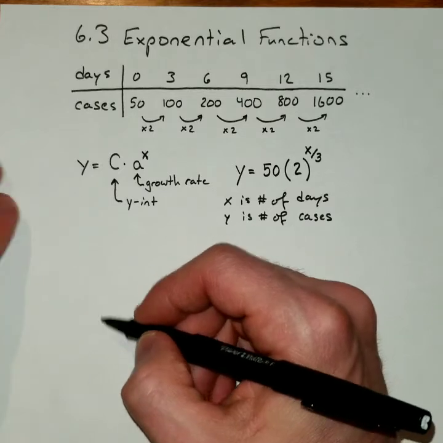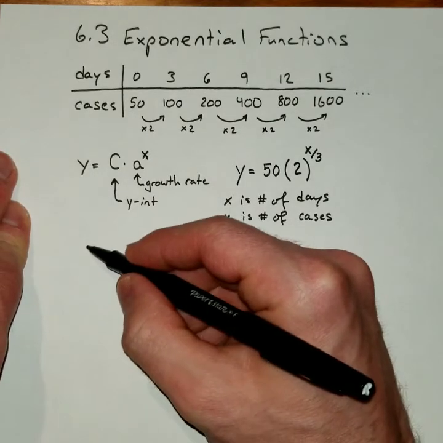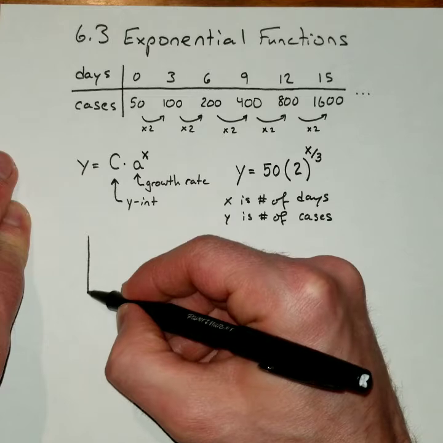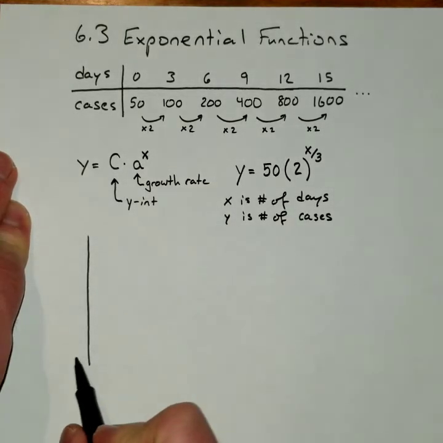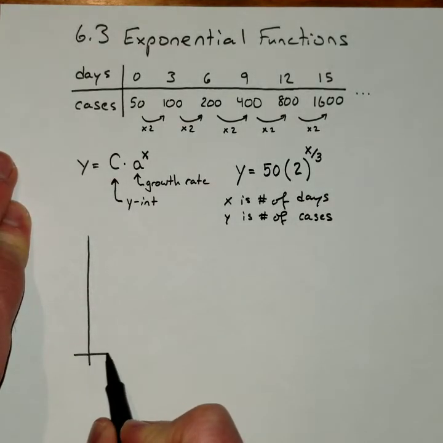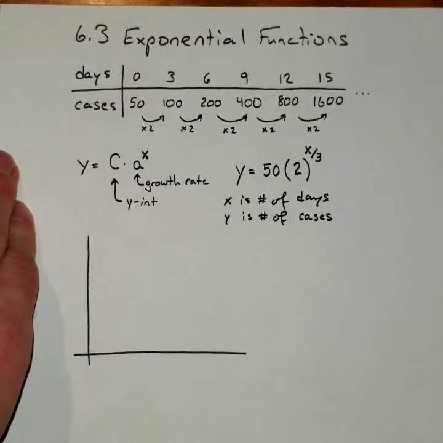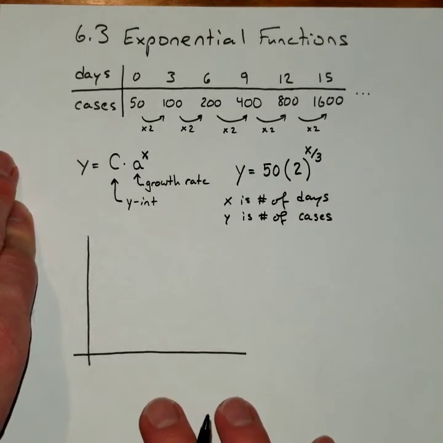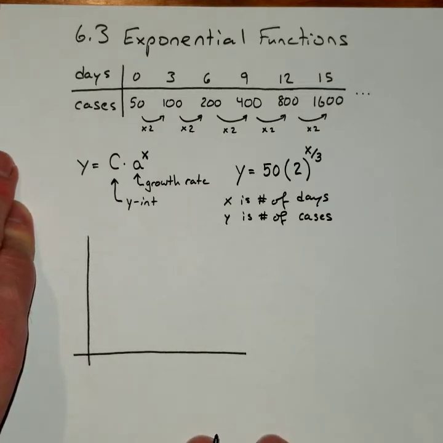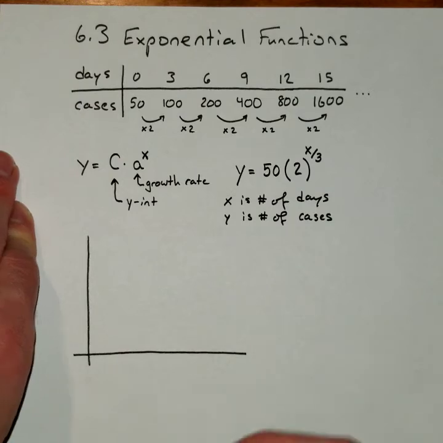Hard to draw, I should say. Maybe not strange, but hard to draw. And the reason it's hard to draw is because of how quickly it grows. In fact, I probably won't even be able to fit all of the data on this chart unless I'm really careful.